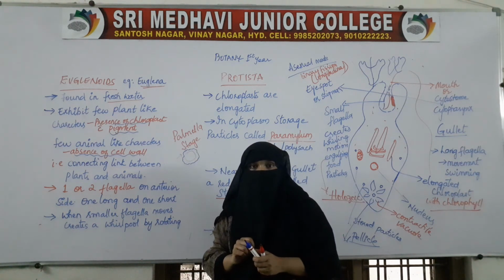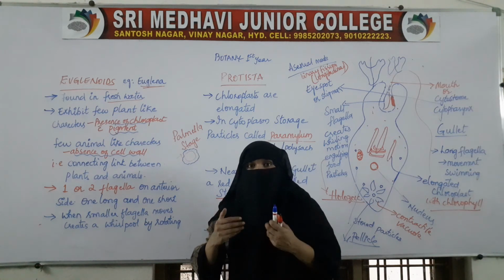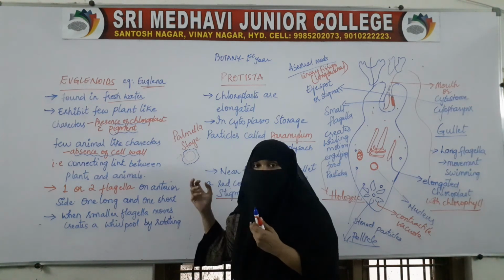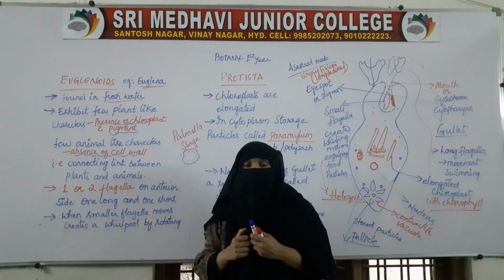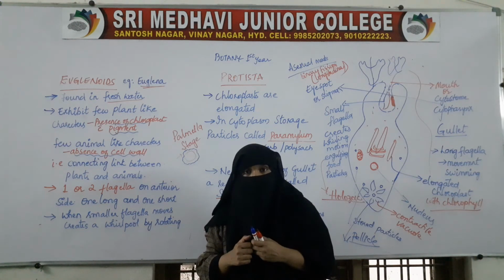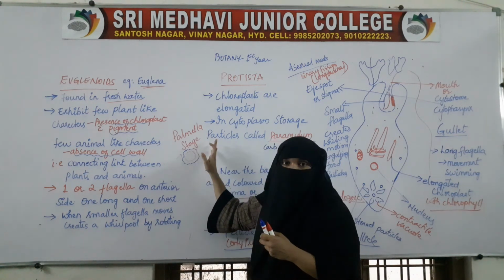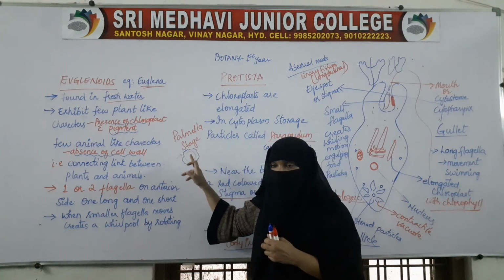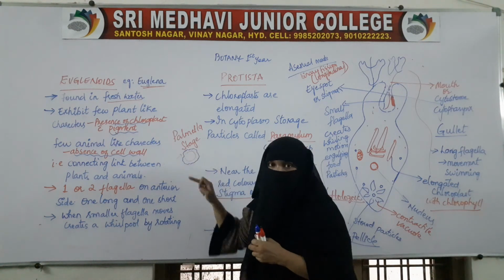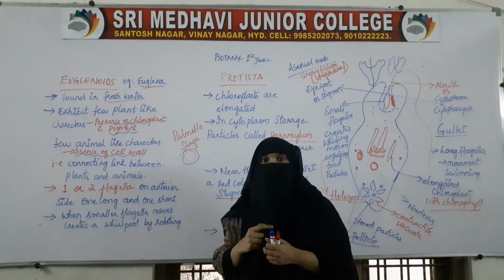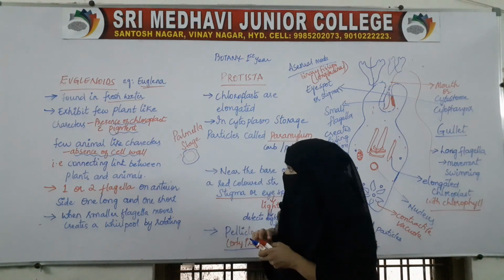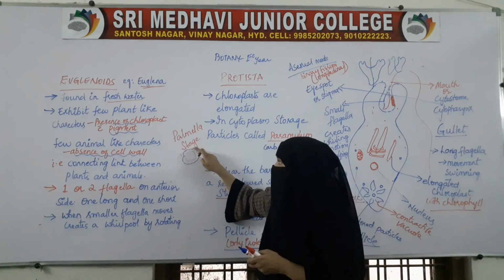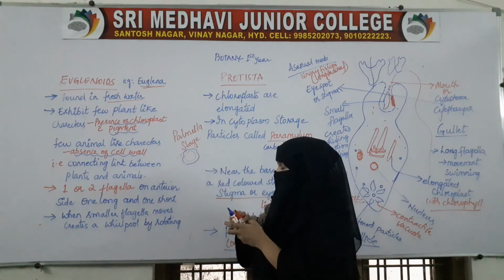So, in this stage how does this Euglena protect itself? It loses the flagella and becomes circular in shape, and around this Euglena a layer of mucilage is formed.